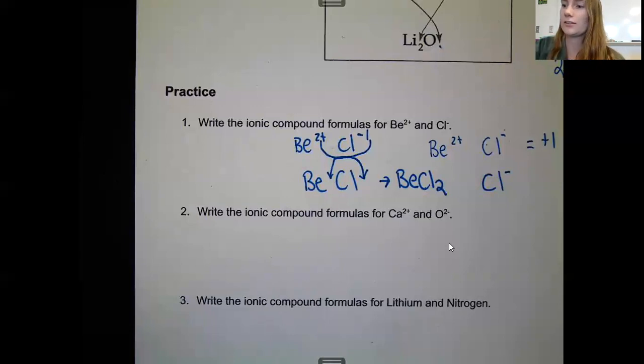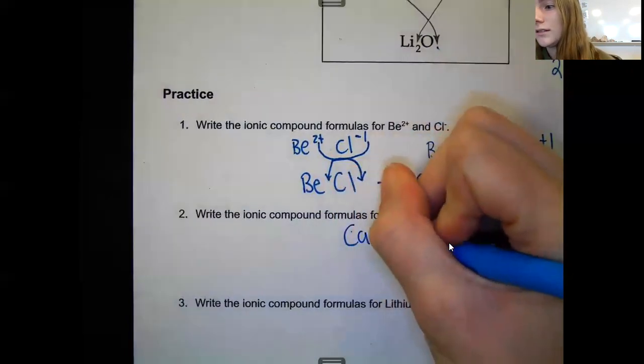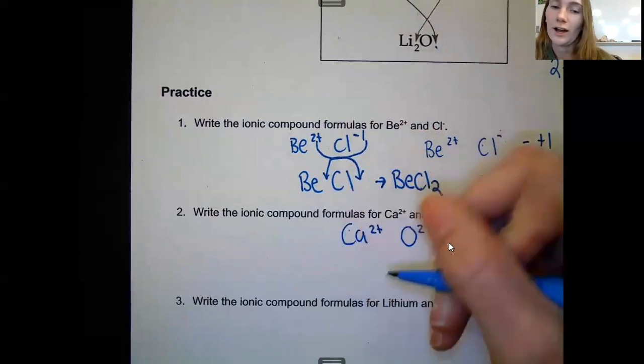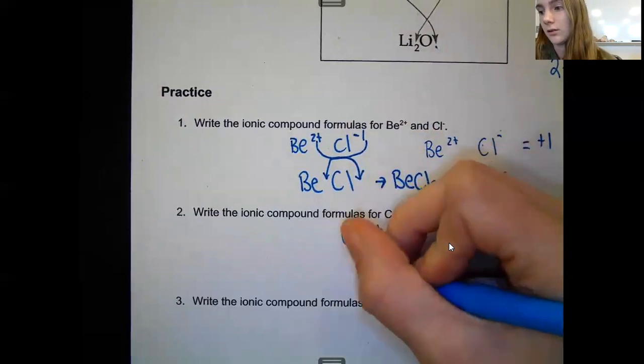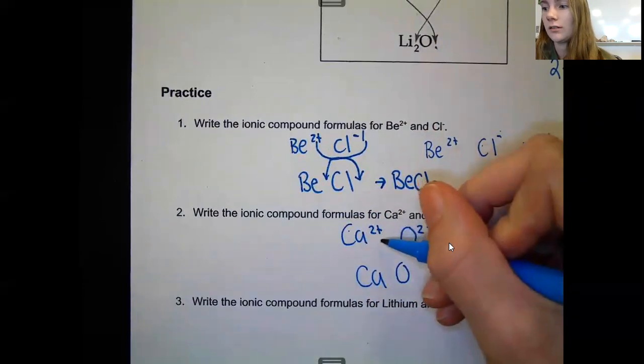Okay, so we've got calcium 2 plus and oxygen 2 minus. So we have Ca2+, we have O2-. The cation will always go first, so Ca O. Now all we have to do is do our cross.